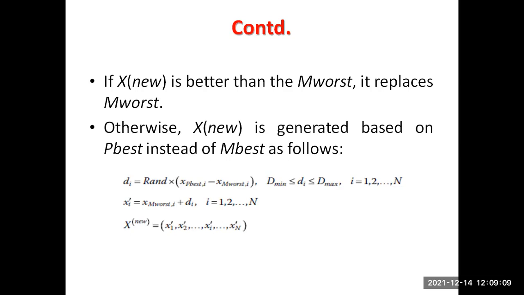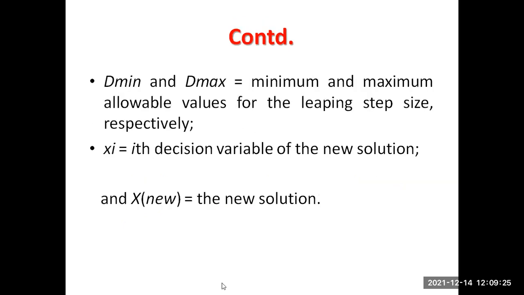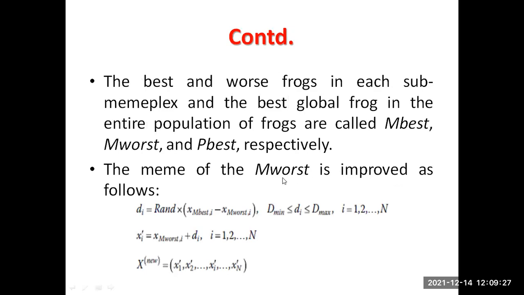Otherwise, x new is generated based on the p base instead of the m base. Let us see what happens if x new is better than m worst. In the last step, we have seen that m worst is updated.